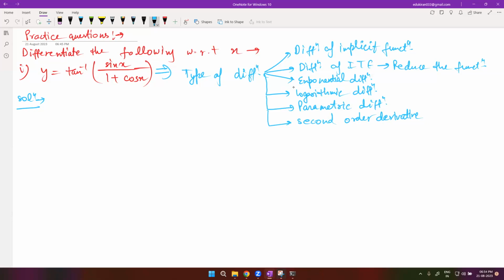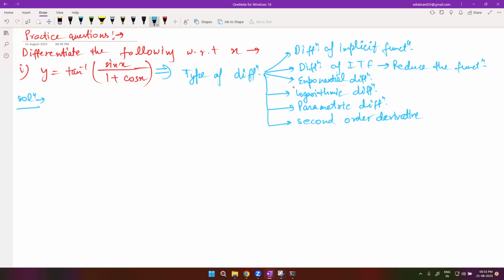Substitution is used when an algebraic function is given, and when a trigonometric function is given, how can we reduce the function? We need to use different trigonometric identities, right? So try to use the double angle formula.